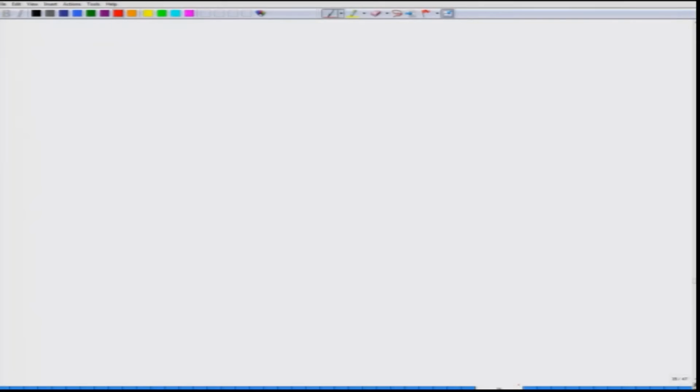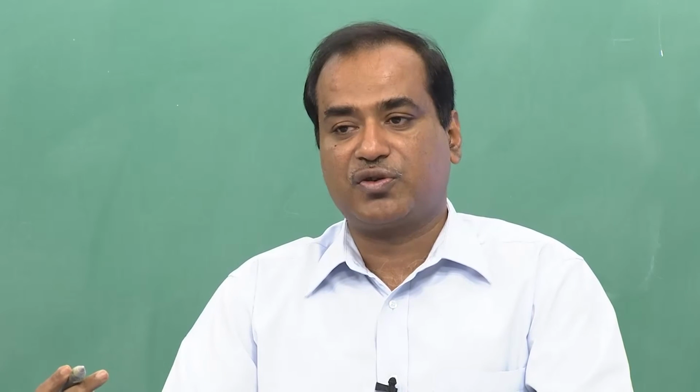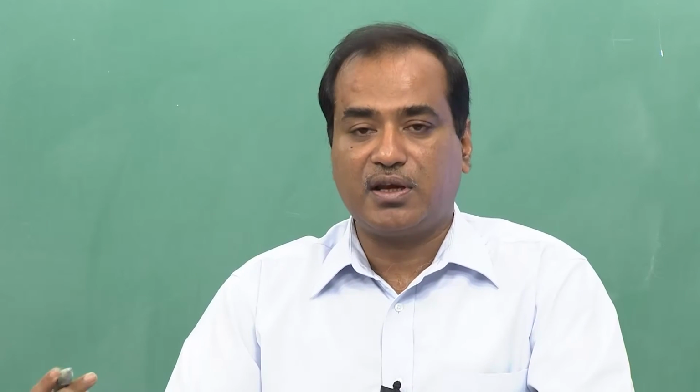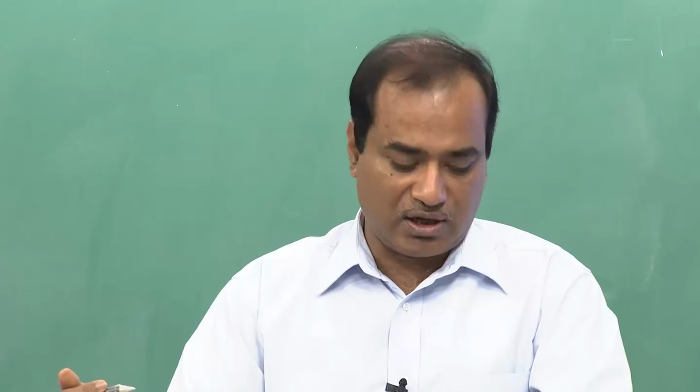Now, we still need to show that the values beta 0 tilde, beta 1 tilde and sigma square tilde that we have obtained are maximizing the likelihood rather than minimizing it.